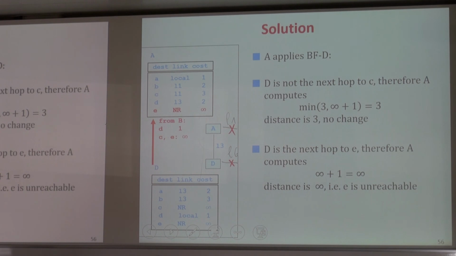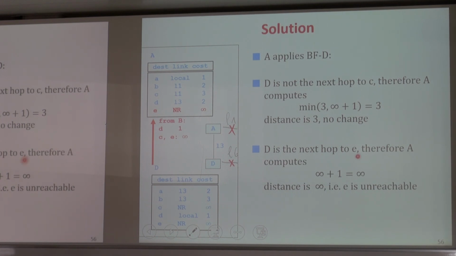So for destination C, before receiving that, the next hop was somewhere in this direction. So I receive an update from B saying I am at a distance infinity of C, but it's not the next hop, so I compare to what I have. What I have was a better distance, so I ignore it. So it remains unchanged. After receiving that, A will still believe wrongly that it is at a distance 3.